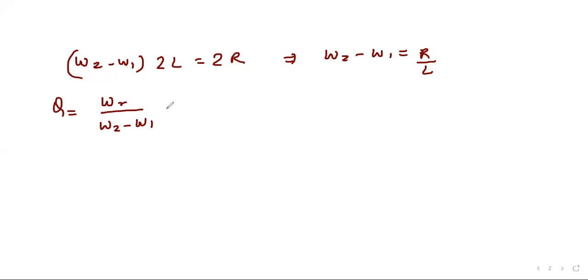So we put the values omega R divided by omega 2 minus omega 1. We have got R upon L. Omega R times L divided by R.